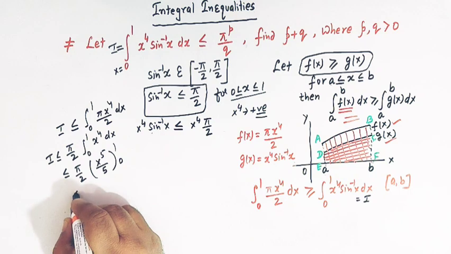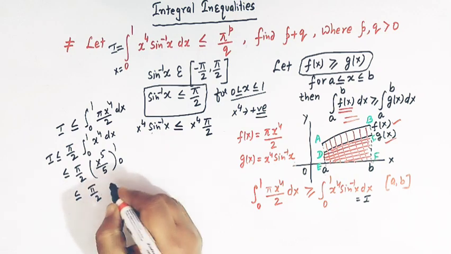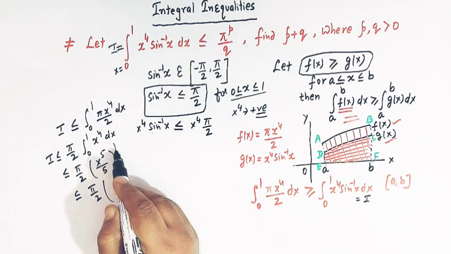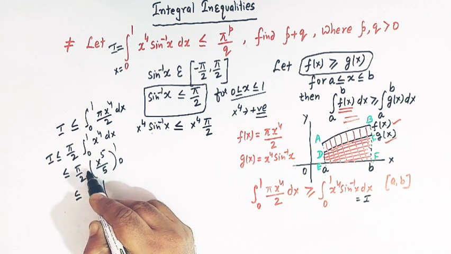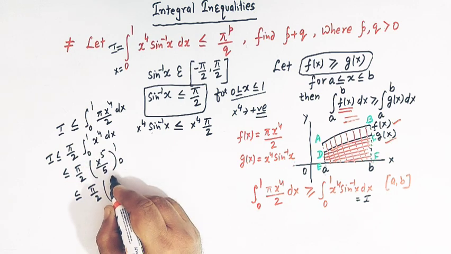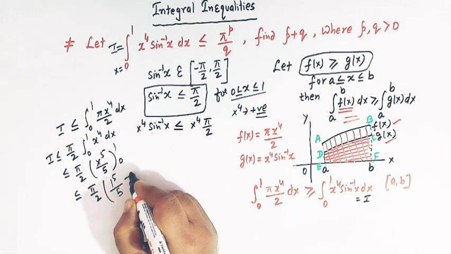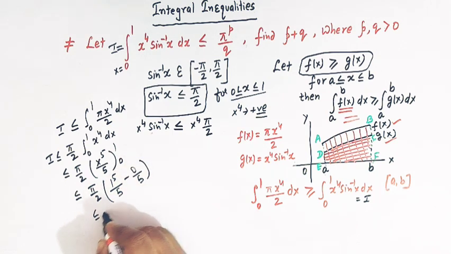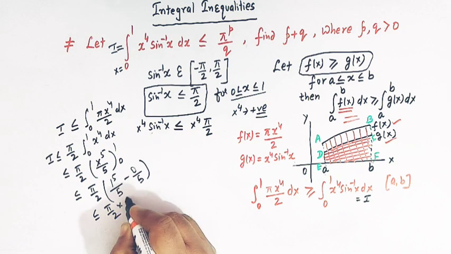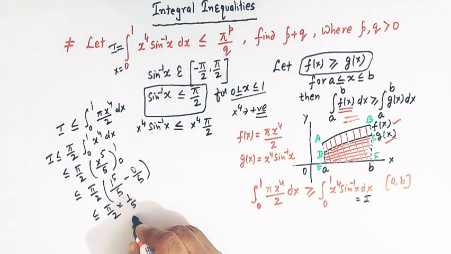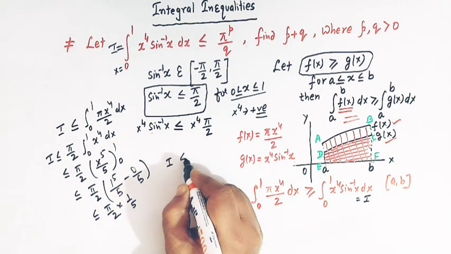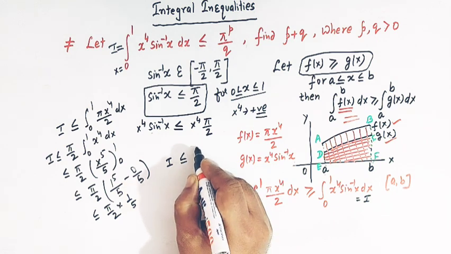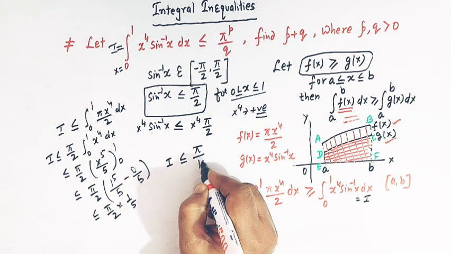Taking the limits and the difference, we have pi by 2 times (1 raised to 5 over 5 minus 0 over 5), which is pi by 2 times 1 over 5, so I is less than or equal to pi over 10.